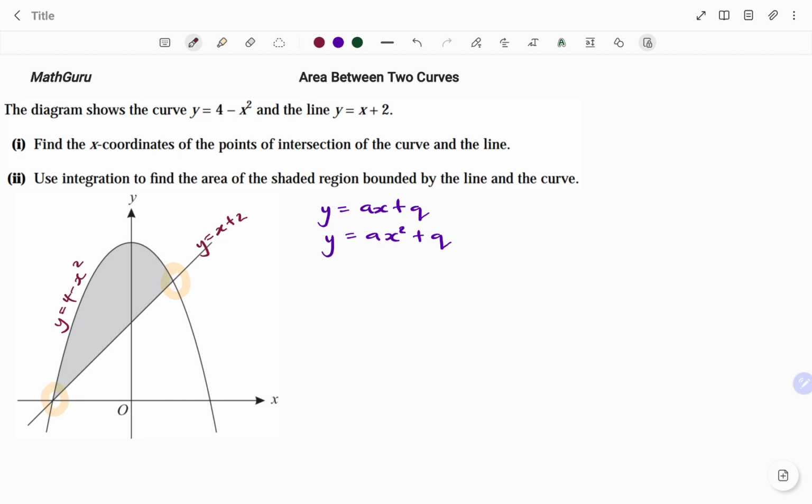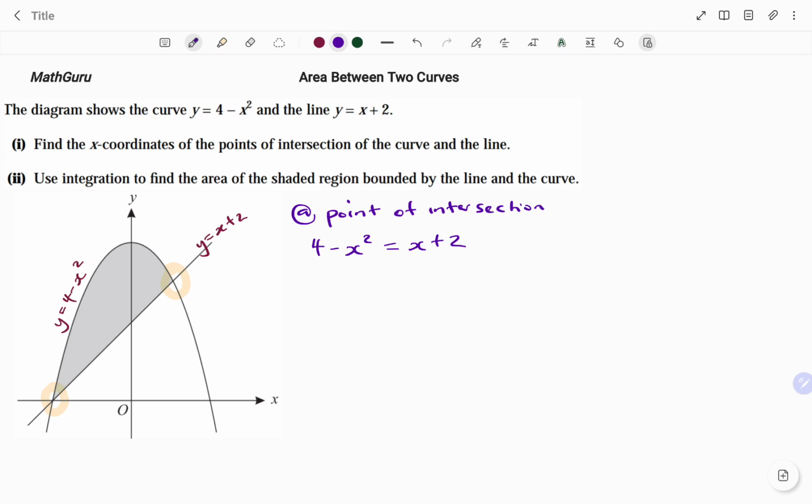What that means is the equations of the two graphs are the same at that point. So at the point of intersection, I have 4 minus x squared is equal to x plus 2.